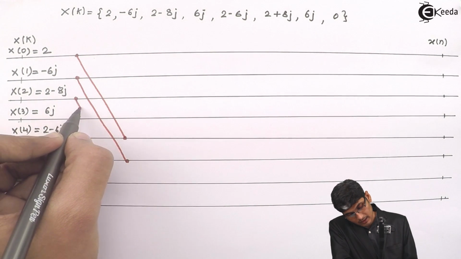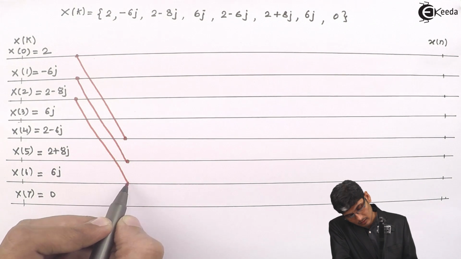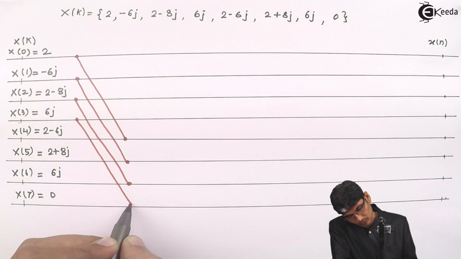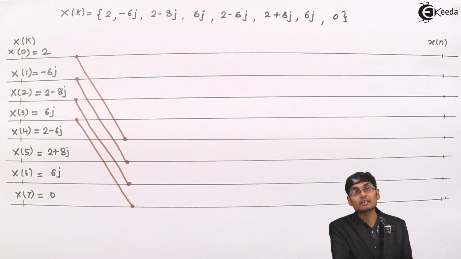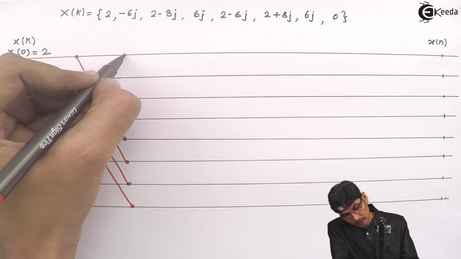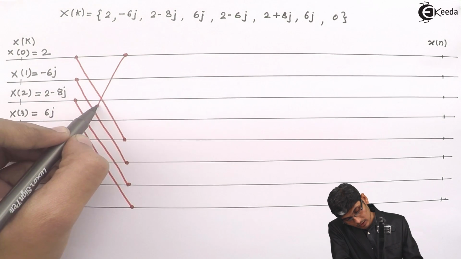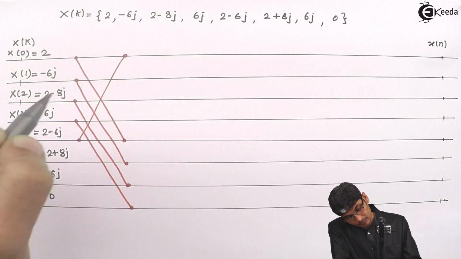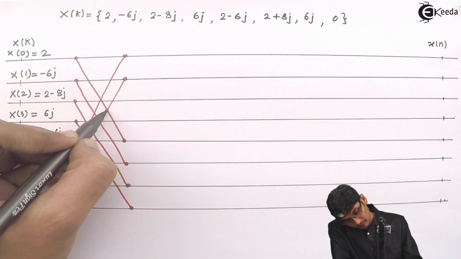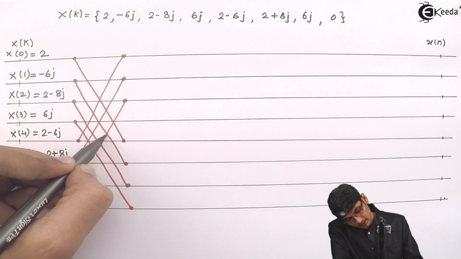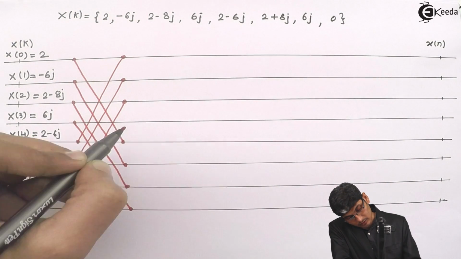Then I will connect the third line and so on and so forth. So we are going on connecting the lines in crisscross manners and then in the reverse manner also. So we will be going on connecting this crisscrosses.